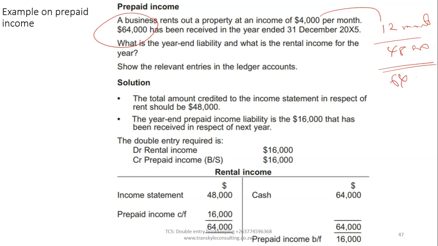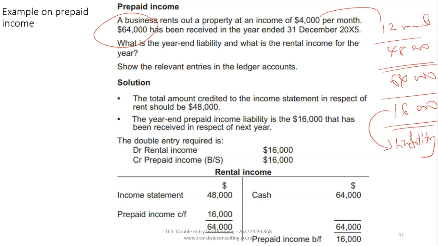So there is a liability of how much? If we say 64 minus 48, there is about 16,000, which is a liability.